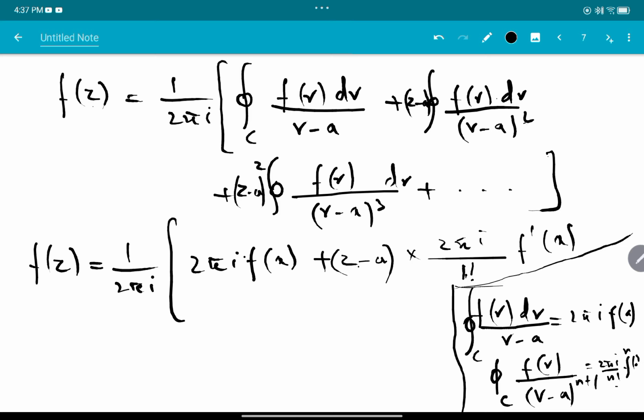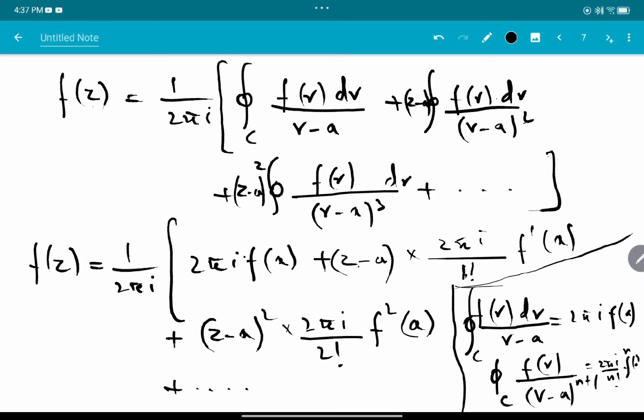This 2 pi i will cancel with this, and the rest, it is becoming clear now. Plus (z minus a) squared into this generalized formula gives us 2 pi i by 2 factorial, and then the second order derivative f double dash a, plus dot dot, and you can now understand yourself what it should be.